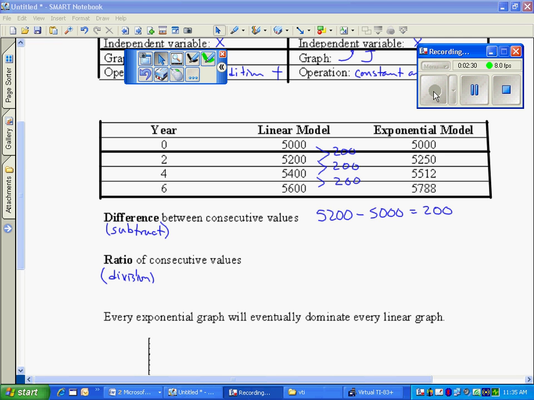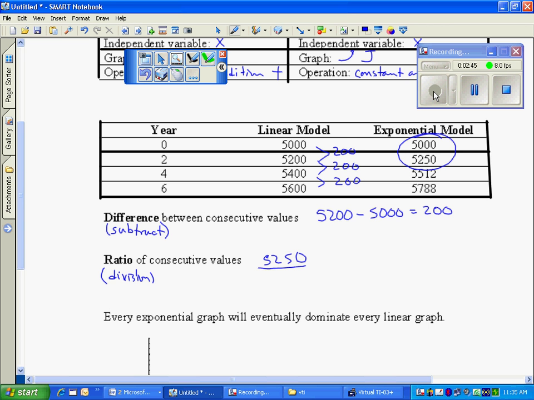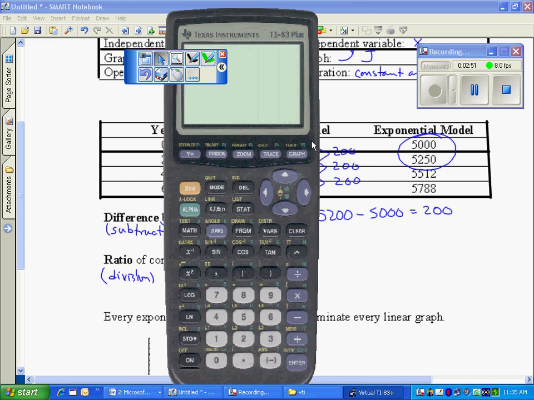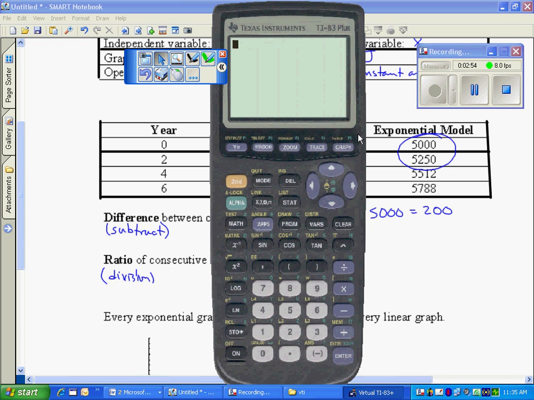To show the ratio, again, you take two consecutive terms and divide them. 5,250 divided by 5,000. Showing that on the calculator, 5,250 divided by 5,000 gives me this constant multiplier of 1.05.